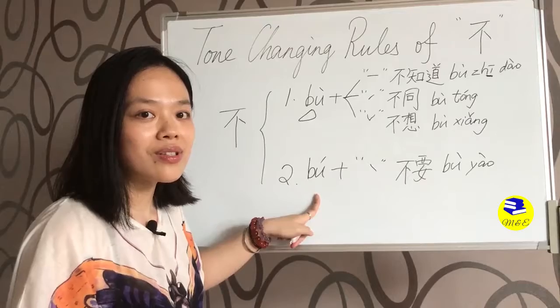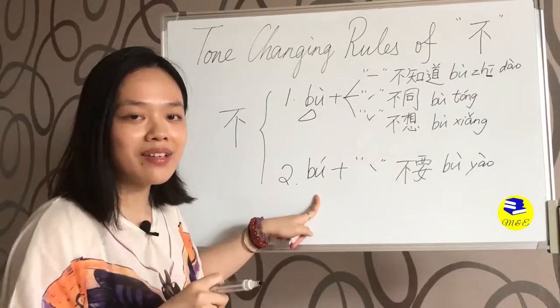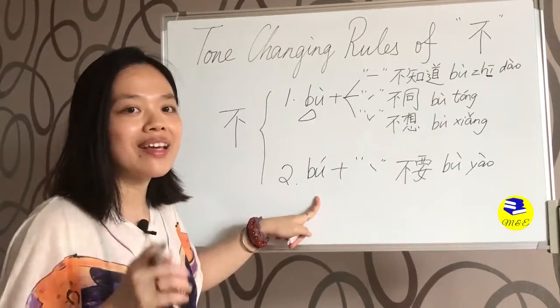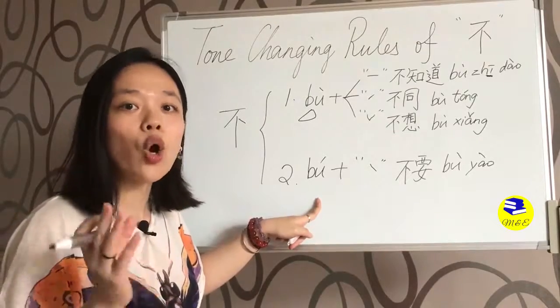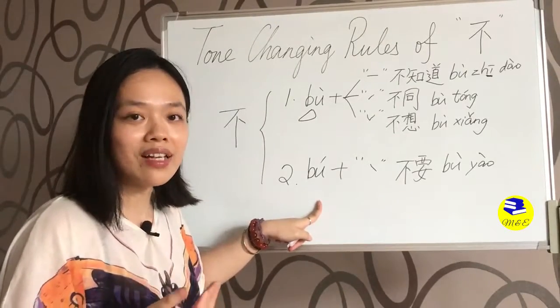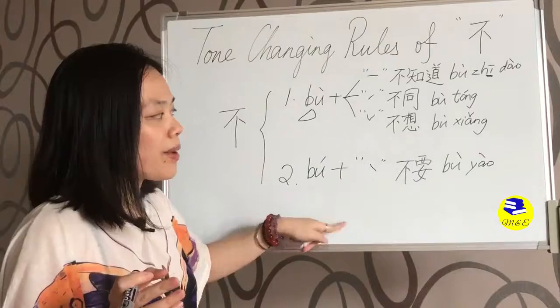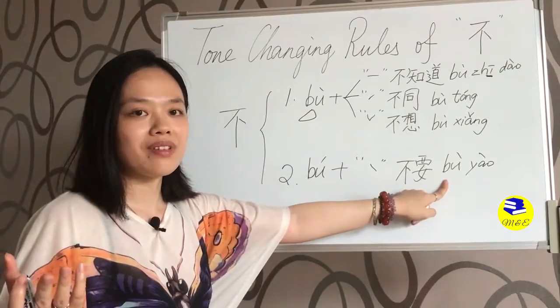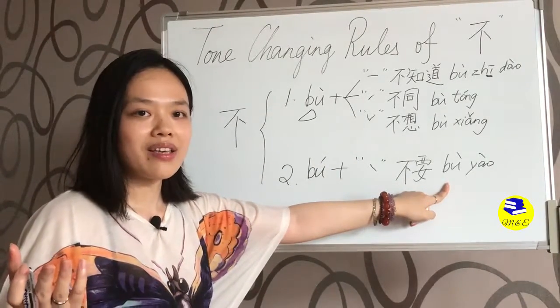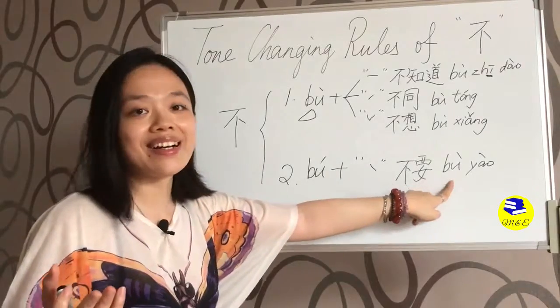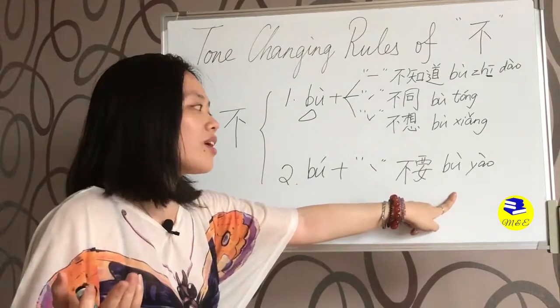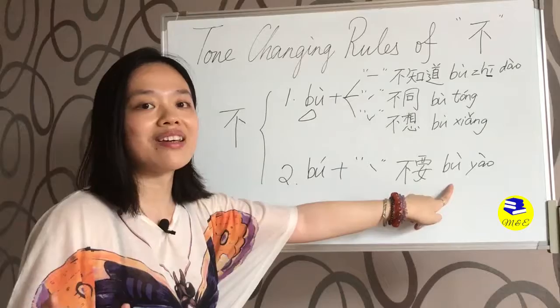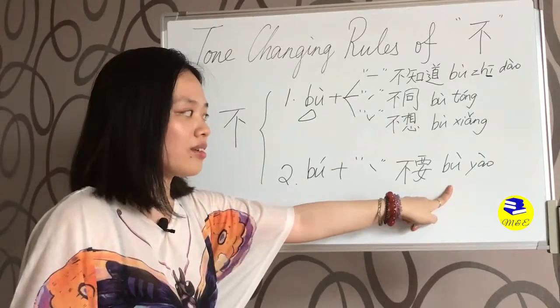Tone, just pronounce, right? It has relationship with its pronunciation only, not about its writing, right? So that's why here I still keep it as fourth tone. I write it as fourth tone, but what?